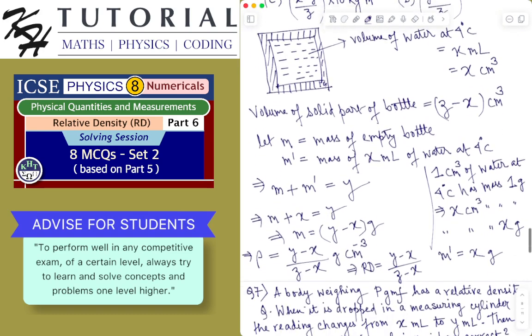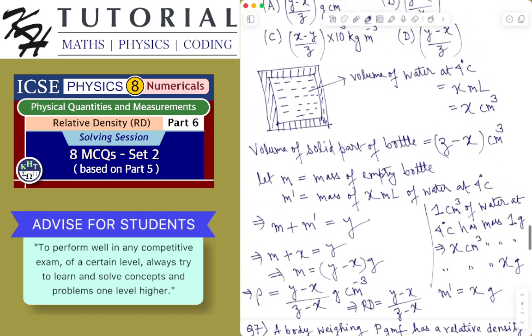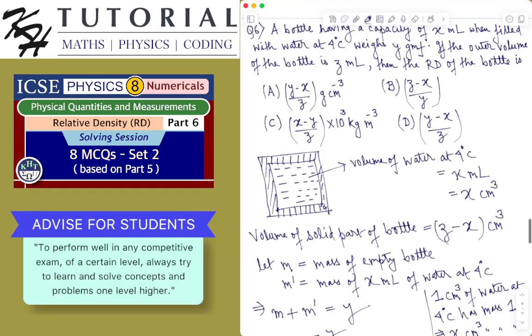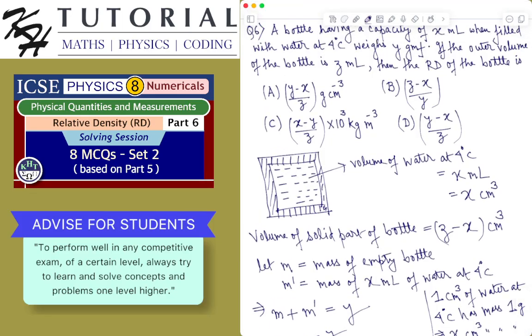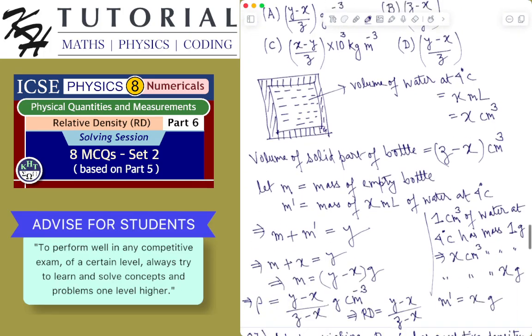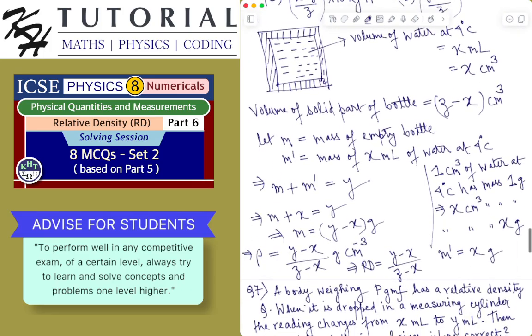So the answer should be y minus x divided by z minus x. In all the choices A, C, and D, I should have written not z but z minus x. Anyway, the relative density is y minus x divided by z minus x.